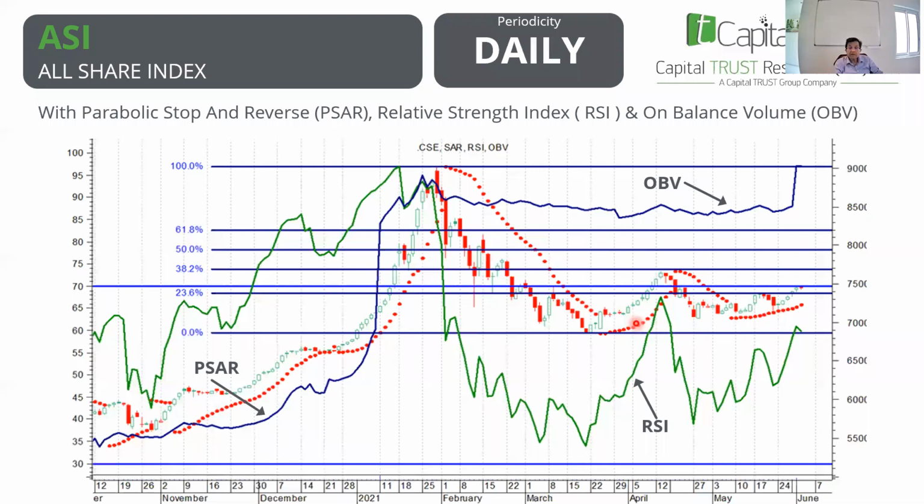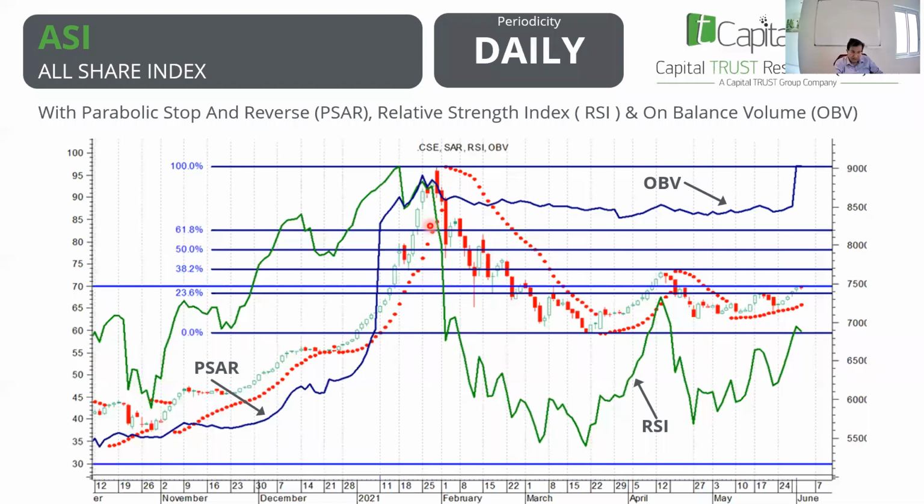This is the Colombo Stock Exchange ASI index chart, updated up to about 3 or 4 days ago. And on that, we have put a plot of several indicators.